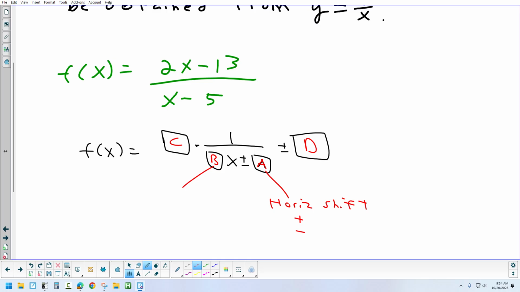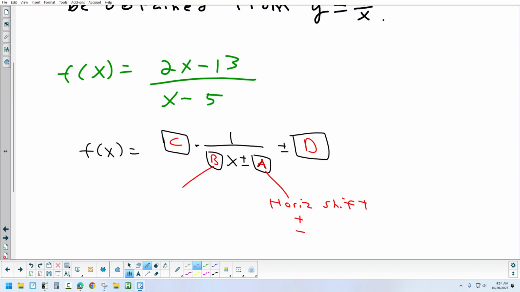We've got to know which way it's going to move them. Anybody have a guess when it's positive, which way it's going to move horizontally? Left, yes.